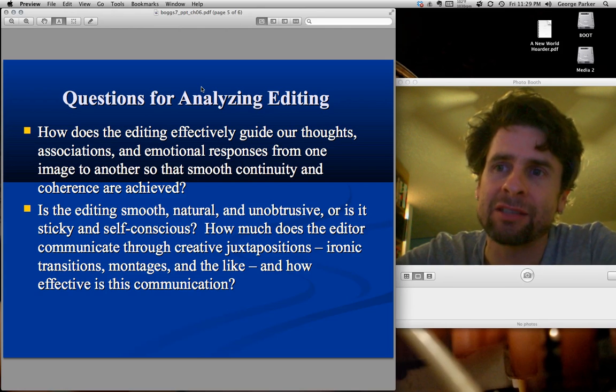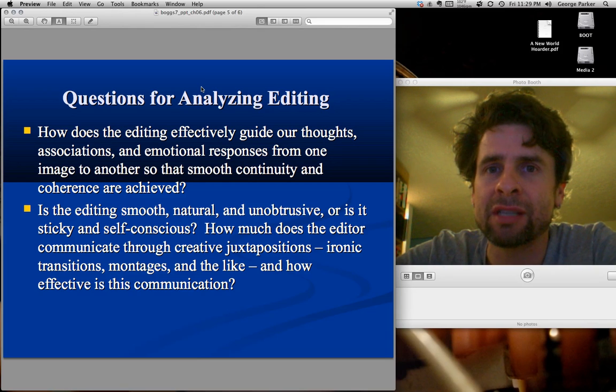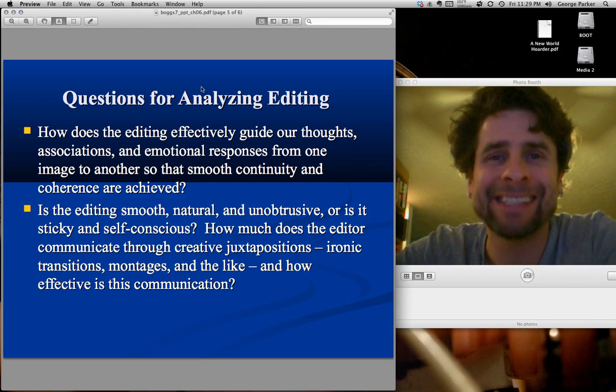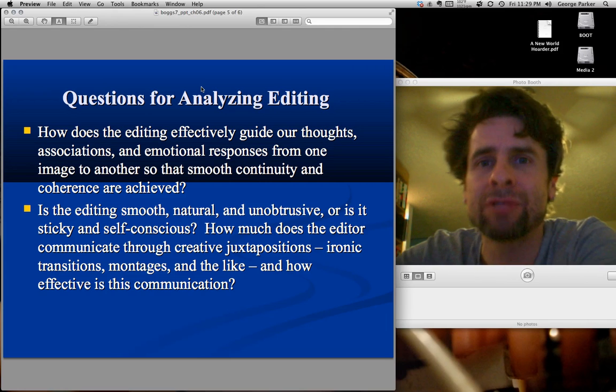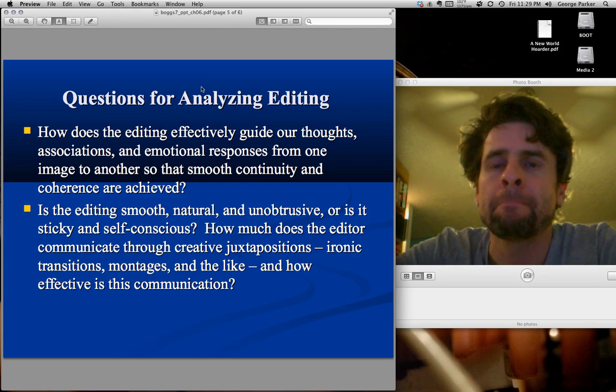In that case it's not necessarily drawing attention to itself, because it makes sense and helps us understand the moment. How much does the editor communicate through creative juxtapositions, ironic transitions, montages, and the like, and how effective is this communication? So look at when a juxtaposition occurs.